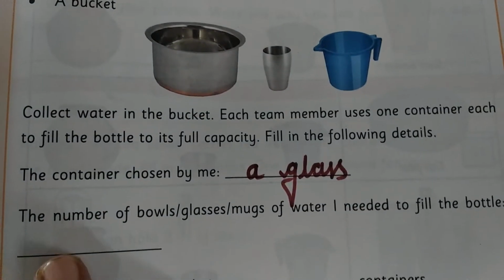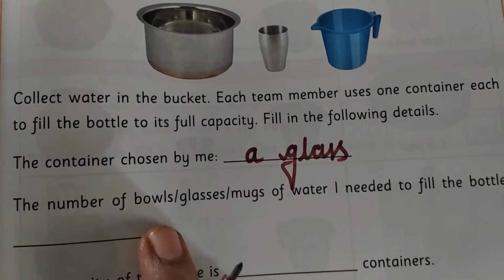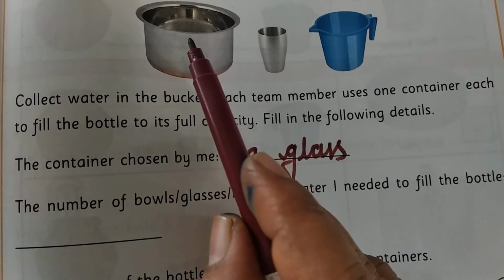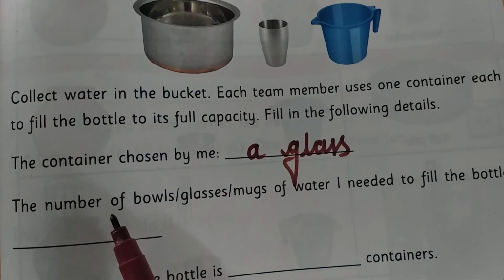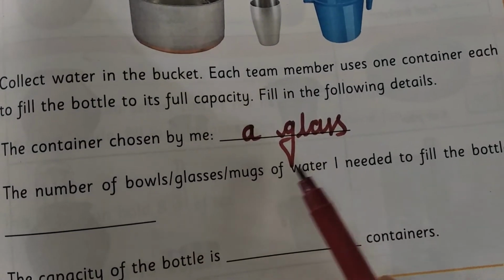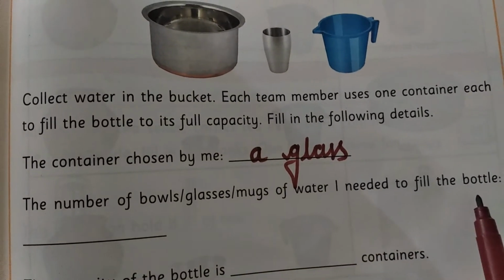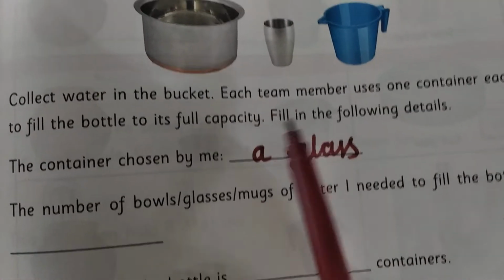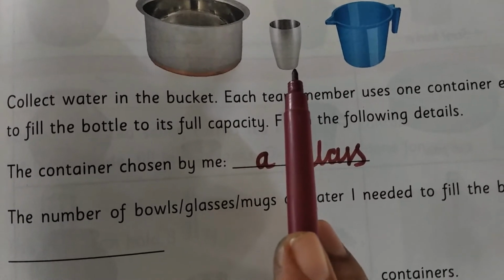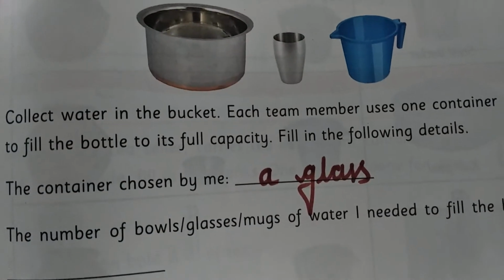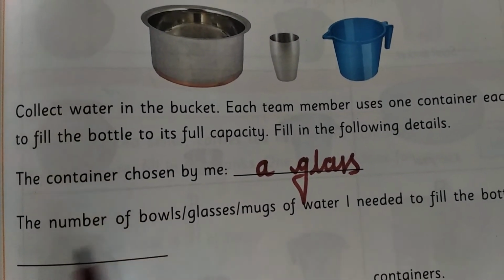Now see here the number of bowls. Few of them may take bowls or mug. So the number of glasses of water I need to fill the bottle: how many glasses of water do we need to fill the water bottle? That you want to write here.